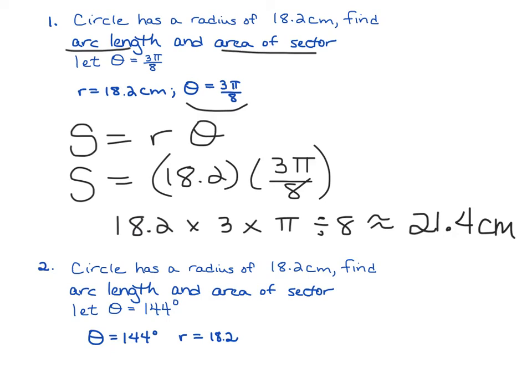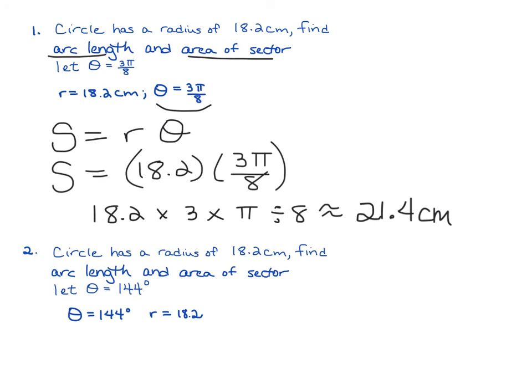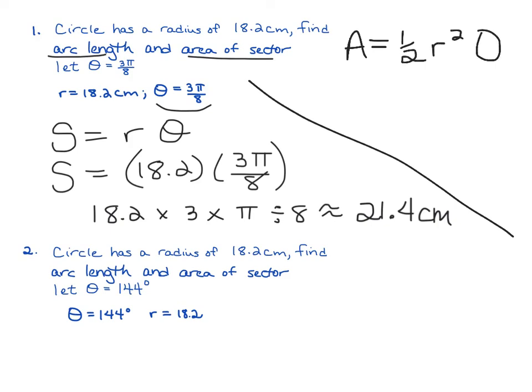To find the area of the sector, I use the other formula. Its area is equal to 1/2 the radius squared times theta. Again, my theta was already in radians, so I'm just going to replace everything.